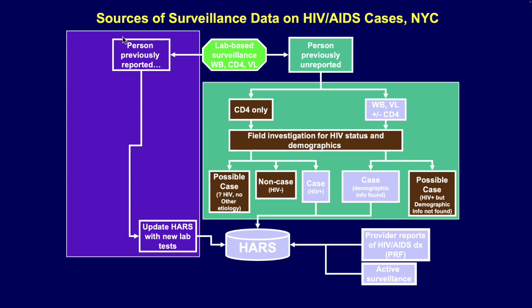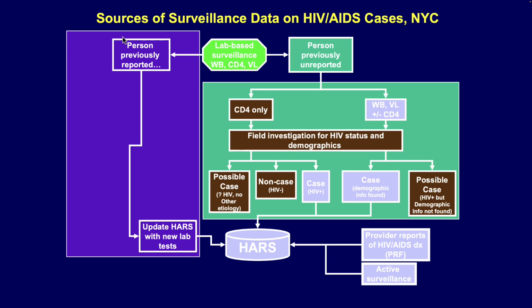Another situation, moving to the right side of the schematic, is the previously unreported individuals who have some kind of lab result that indicates they have HIV infection, like a positive serologic test or a detectable HIV viral load, but not enough information to determine if the report represents a case that's already known to surveillance. Here, the main task is to determine whether the report represents a new case or not.